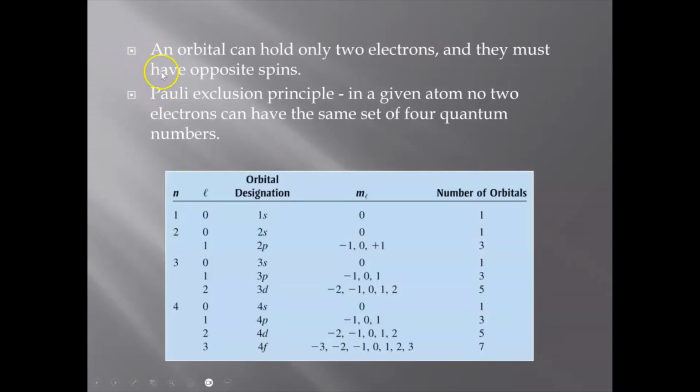Now, to go along with the fact that the electrons do have these half spins, the next thing we have to understand is that an orbital can only hold 2 electrons at one point in time, and that's because the 2 electrons are going to have opposite spins, that plus and minus 1/2. So that's an important detail, especially when we get into electron configuration.